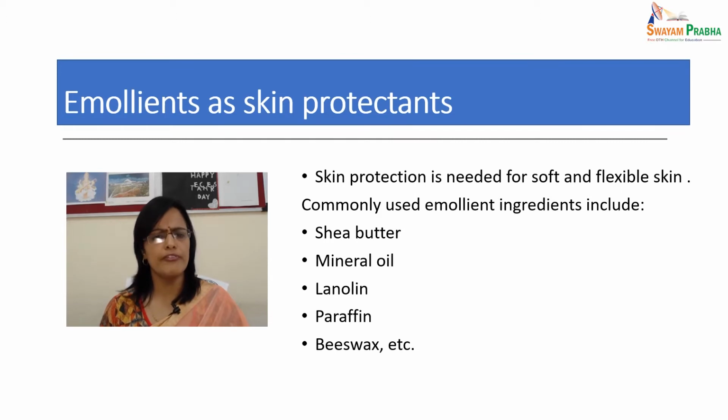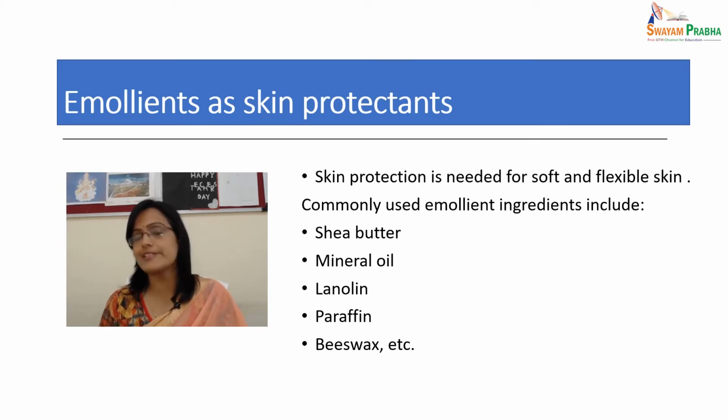There are a number of potential causes of skin barrier defects, including genetic causes like eczema, psoriasis, ichthyosis; associated medical conditions like diabetes, thyroid disease; external conditions like applying harsh soap and detergent, which makes our skin dry; and environmental conditions like cold weather. Our skin becomes very dry and rough in cold weather, so we apply moisturizer again and again. Emollients play an important role to keep our skin soft.